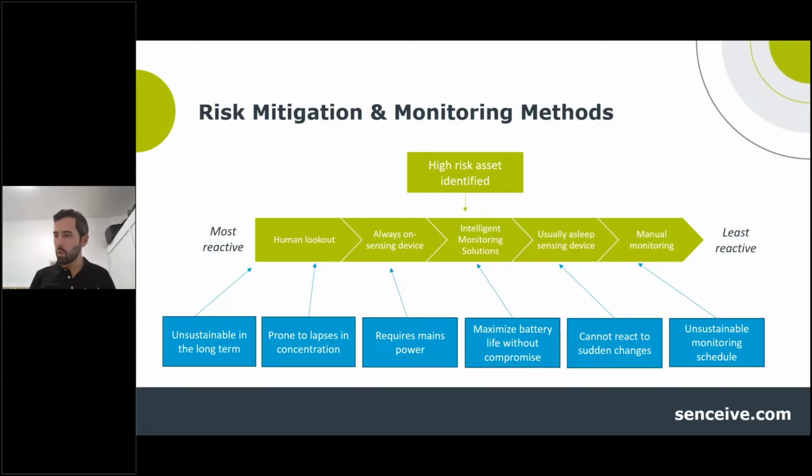So these are what I call more reactive type monitoring technology that is deployed and is really just taking readings on preset intervals and gathering data to identify long-term movement, creep of a structure, if you will. And then, of course, manual monitoring, which is the least reactive: data gathering, bring it back to the office, analyze it, which all takes time.